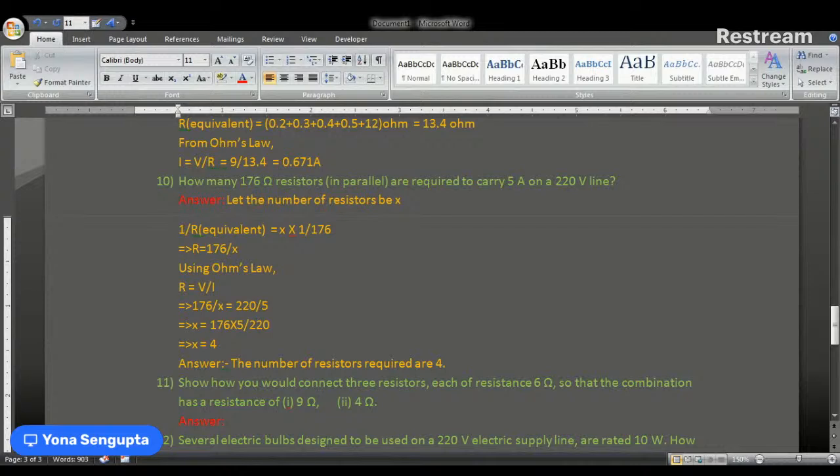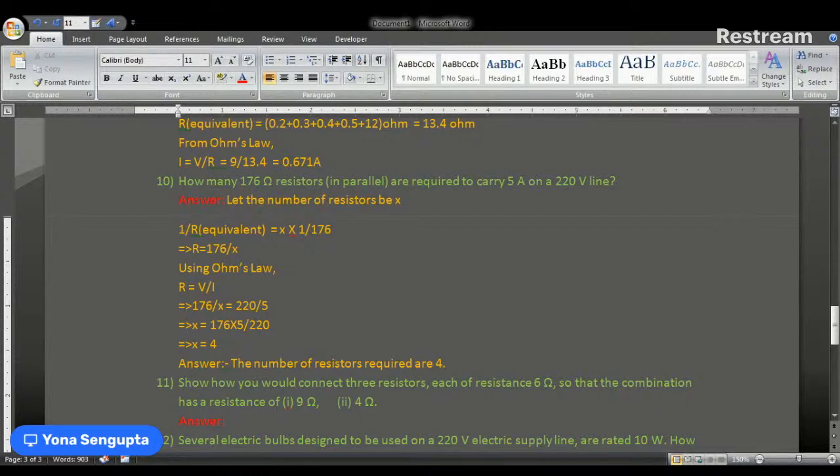So first, if the resistors, each of resistance 6 ohm, are connected in series... when two of them are connected in parallel, the resistance would be 1 by R equals 1 by 6 plus 1 by 6, which is 6 into 6 whole by 6 plus 6, which equals 3 ohm.